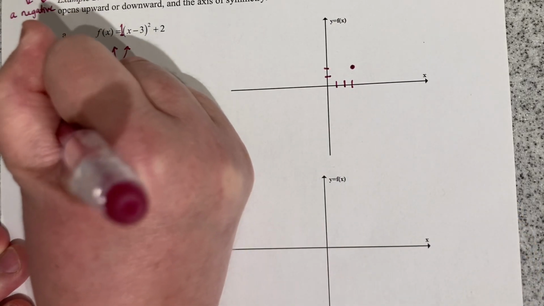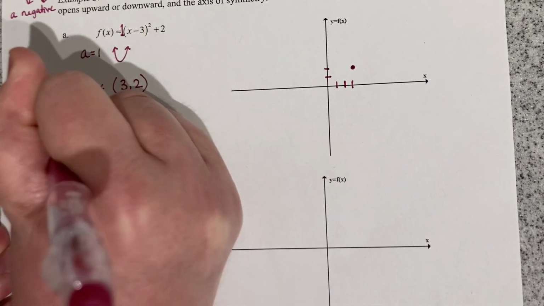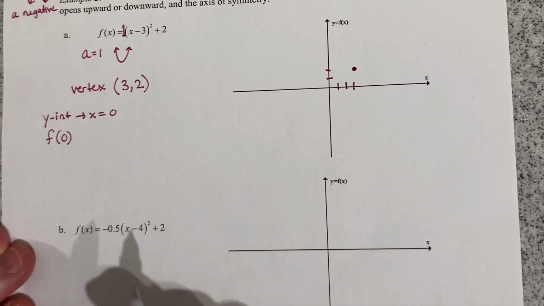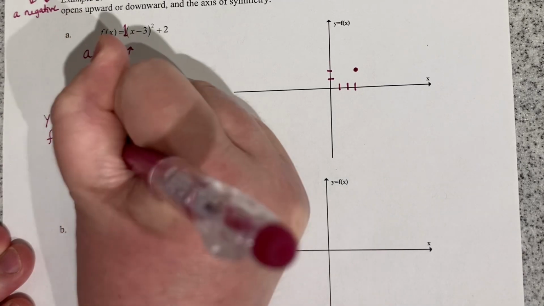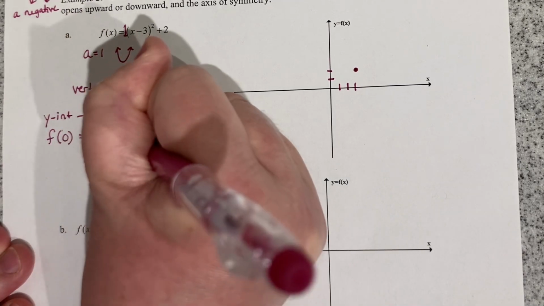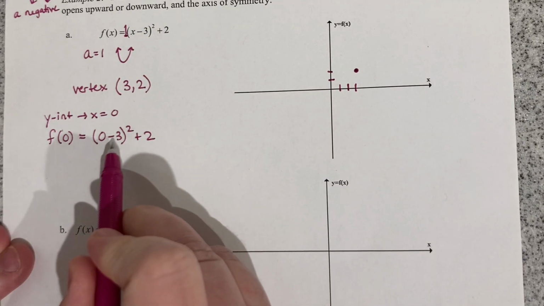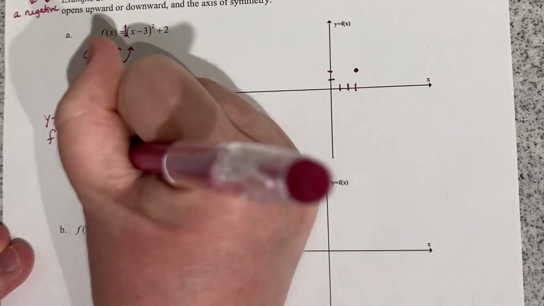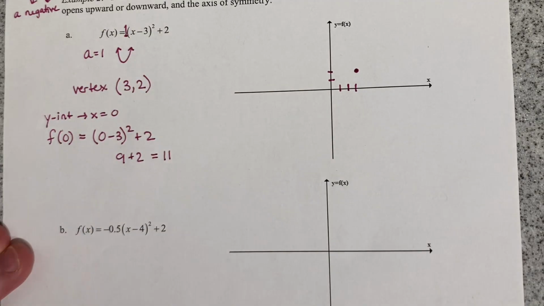So for the y-intercept, I'm going to plug in x equals 0. For this equation, it's in function form, so I'm going to call it f of 0 is (0 minus 3) quantity squared plus 2. This is negative 3 squared, which makes 9, plus 2, so that would be 11.